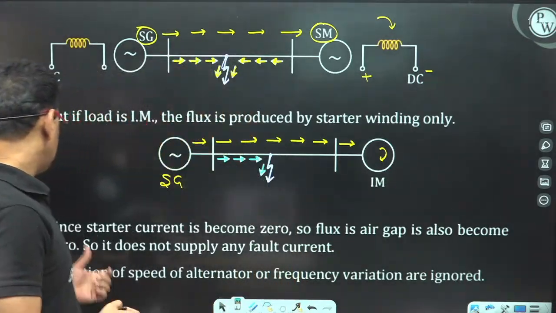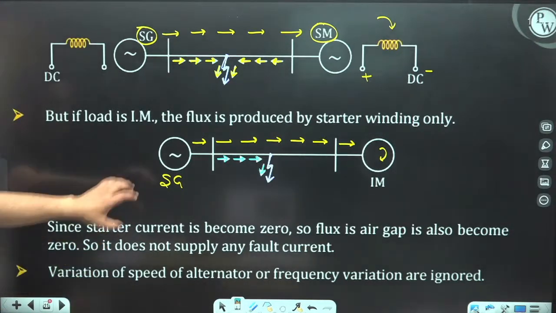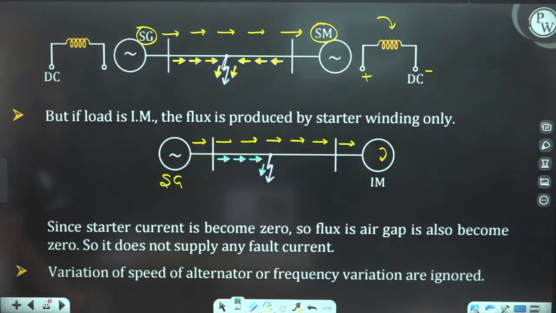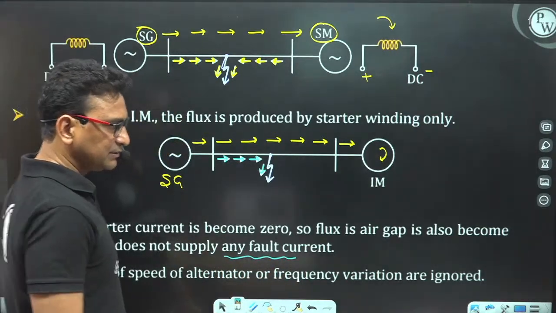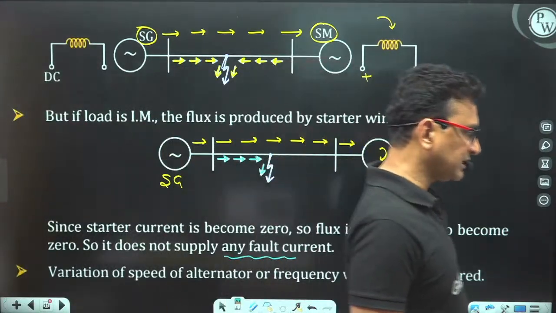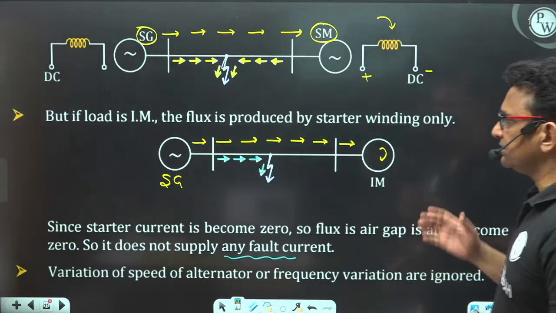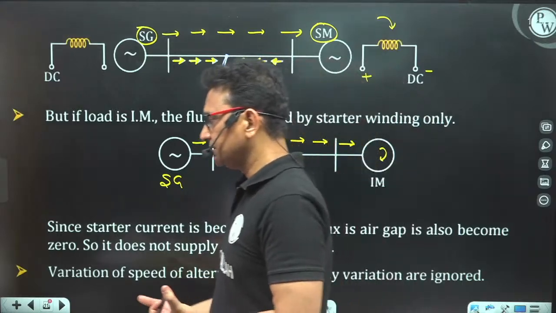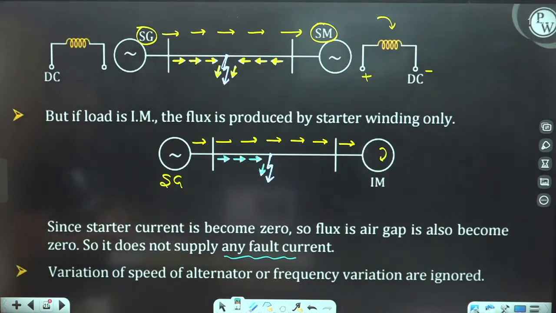Clear? Since the stator current becomes zero, the flux in the air gap in the case of an induction motor becomes zero. So it does not supply any fault current. That's why we say if a synchronous motor is present in our power system, it creates a stability problem. But if an induction motor is present, it does not add to the stability problem of the power system.